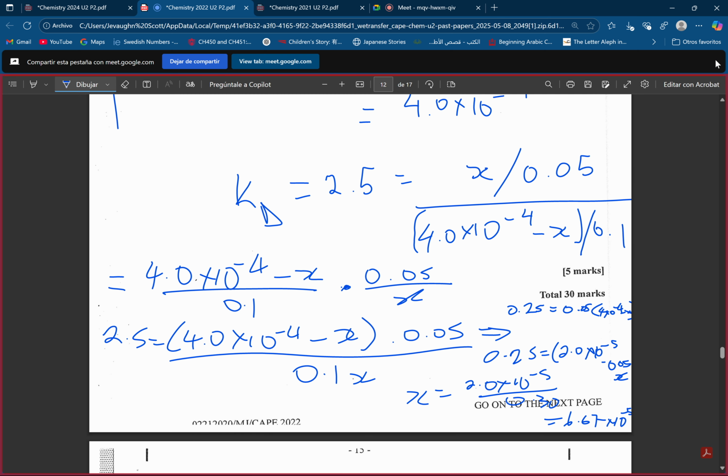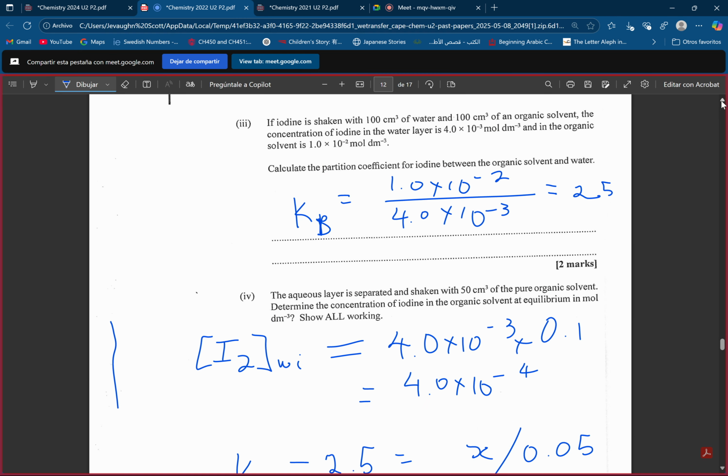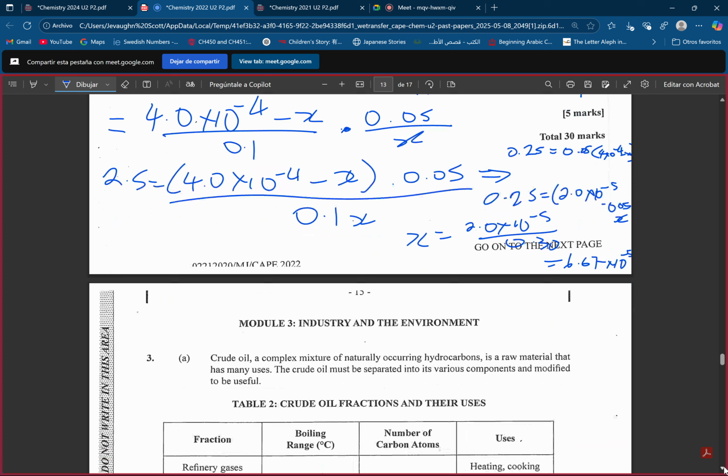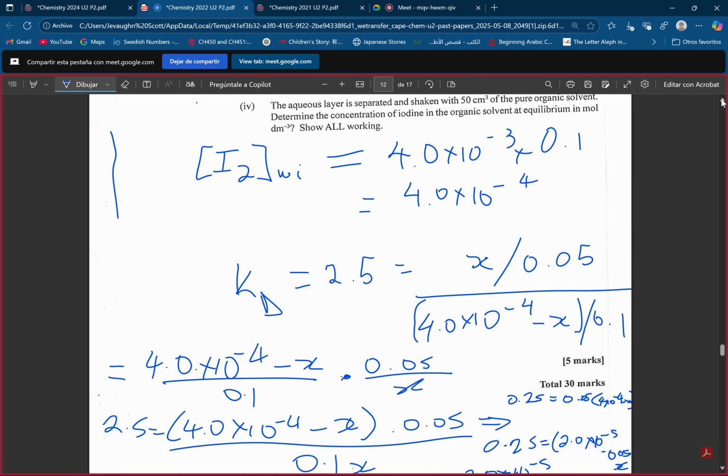This is not even half of the question. There's more to it, but really and truly, the rest of it is math. Your response should be the concentration of the organic phase, which should be around 3 point something times 10 to the negative 3, I believe. But the rest of it is math.